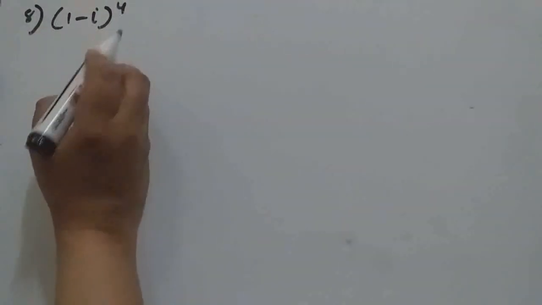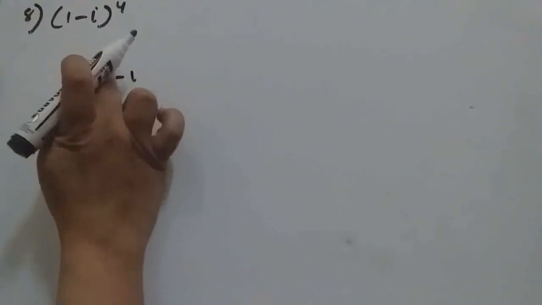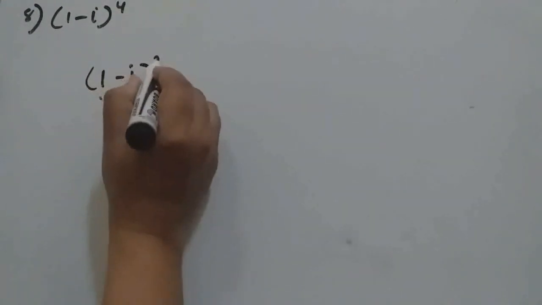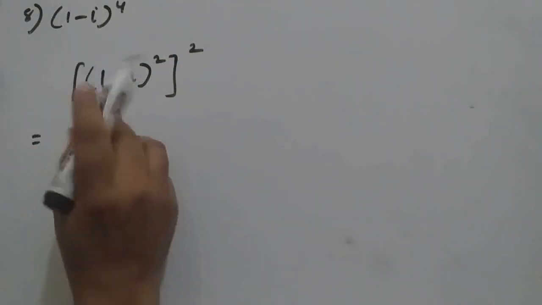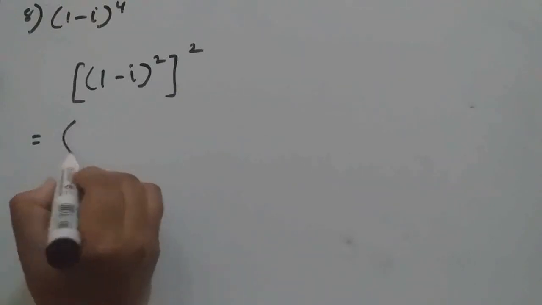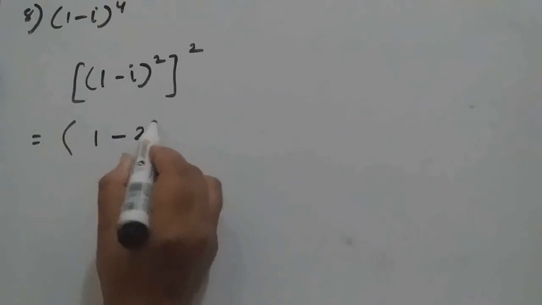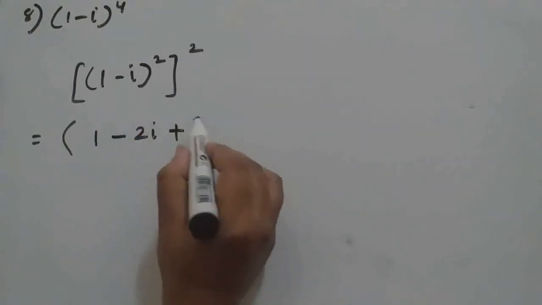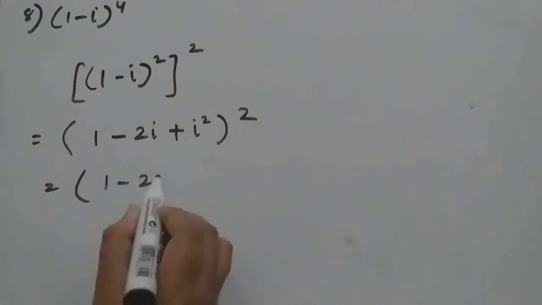One minus i power 4. So we can write this as (1 minus i) power 2 and then square. Okay. So by this we can open using identity. 1 square, 1 minus 2ab means 2i, plus b square means i square, and then bracket square. So 1 minus 2i.